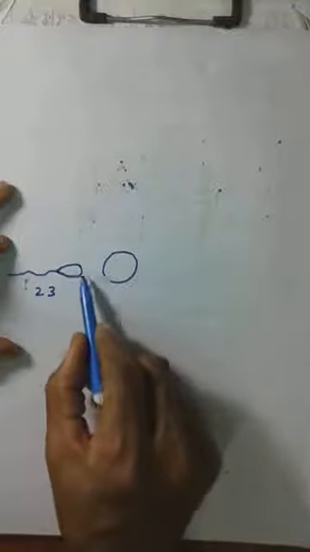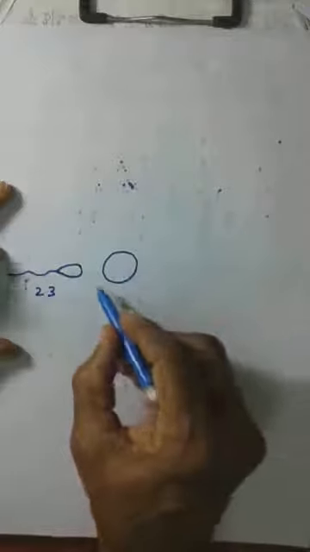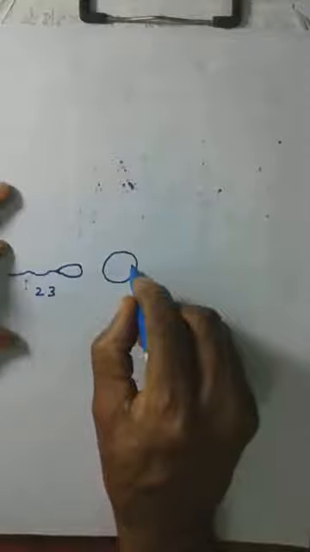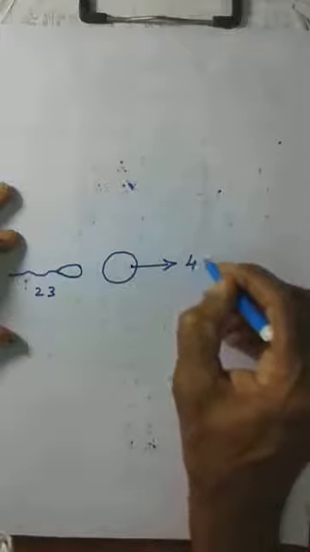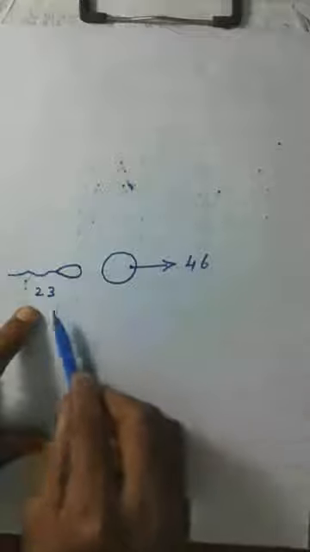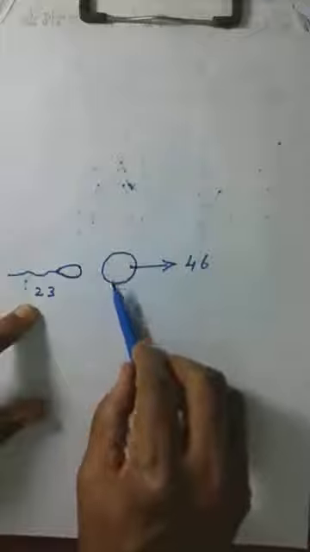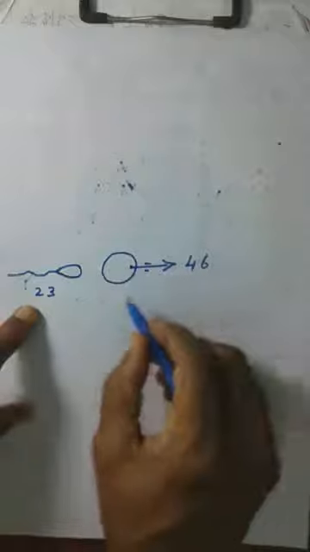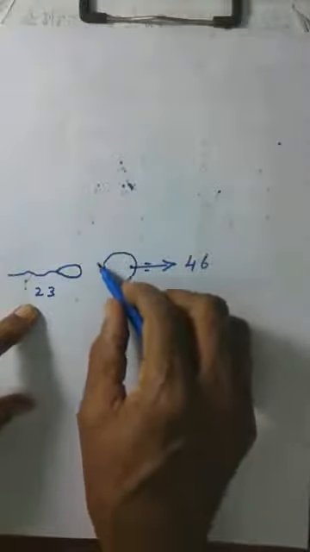So if this sperm joins with this and multiplies, it will come out with 46 chromosomes, but there is no contribution from the mother side, because there is no nucleus, so there are no chromosomes.